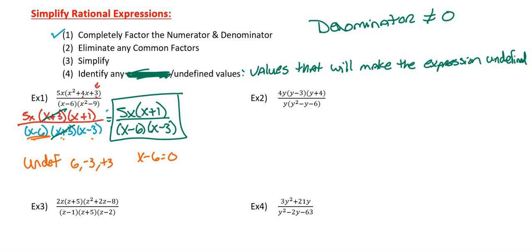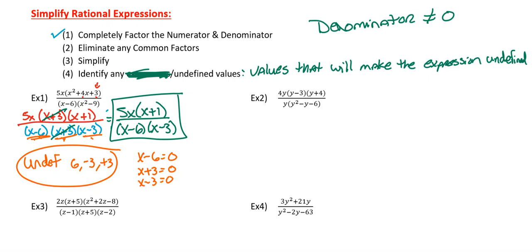And again, take any of these bottom factors and set them equal to 0 because that's what would make it not work. Alright, so those would be your undefined values. If those were one of the answers, you couldn't put it in, it wouldn't plug in, it wouldn't work, it'll be undefined. All right, let's look at the next one.